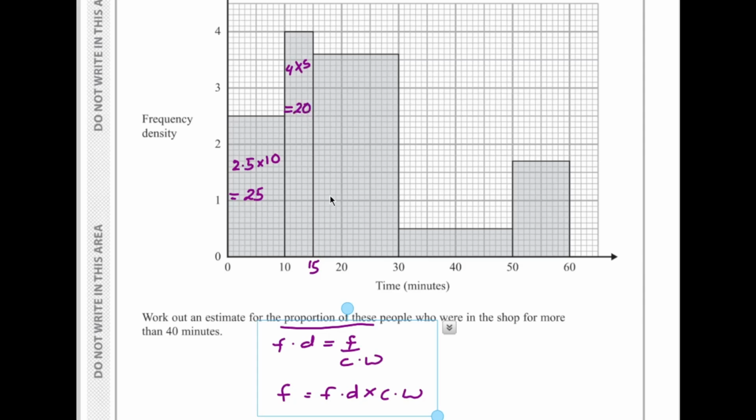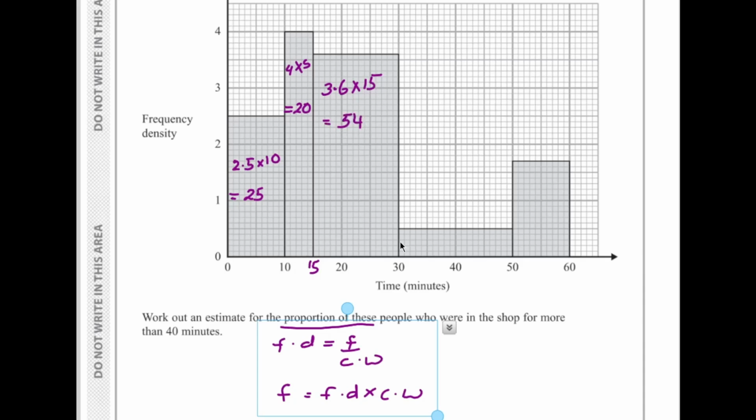For this one, frequency equals frequency density, which is 3.6, times class width 30 minus 15, which is 15, which equals 54.